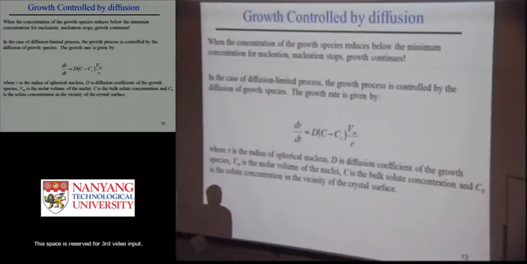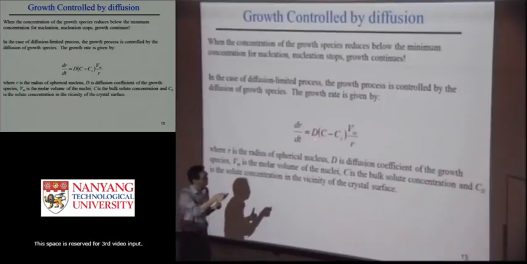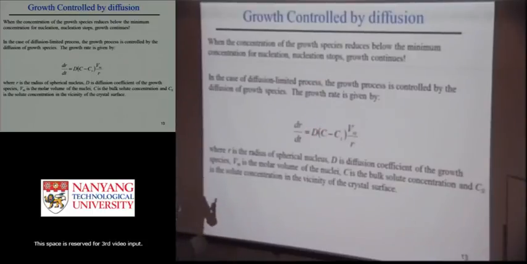How quick, how fast, and how big? This is related to the so-called diffusion process, so it should relate to the diffusion coefficient of the species in the liquid, and the concentration gradient between the 2 points in order for this diffusion to take place. And the last one is related to the surface area.